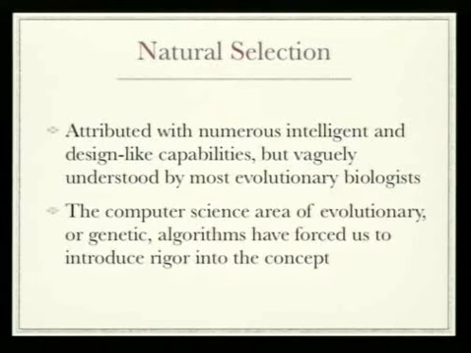One of the things that has really helped add rigor to this area is the computer science area of evolutionary algorithms or genetic algorithms. That has forced us to sit down and think about things like fitness and fitness functions and how natural selection would work, or any other kind of selection would work.